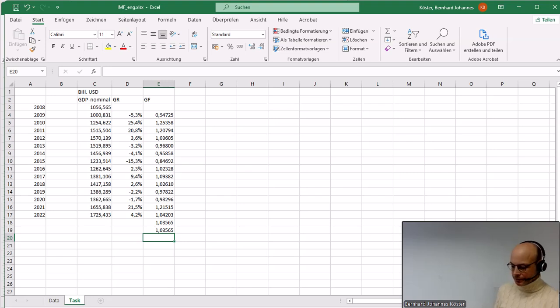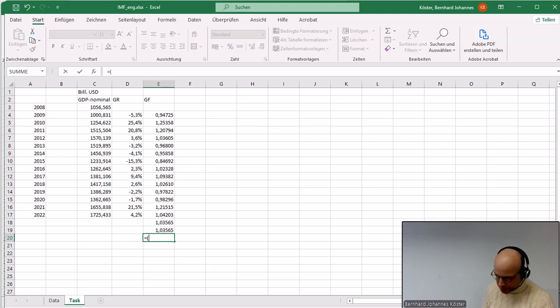So this would mean then, oops, is equal to 1725 divided by 1056. So this is then the overall growth factor over the whole period.